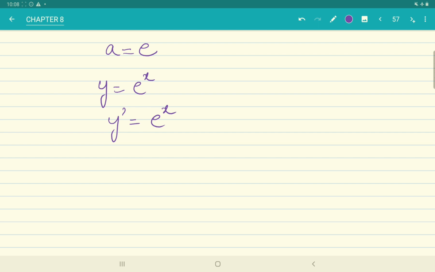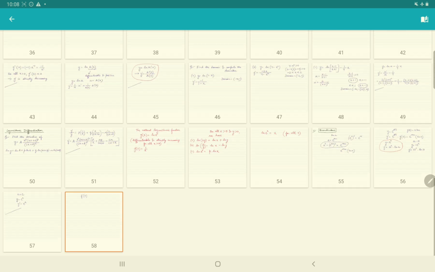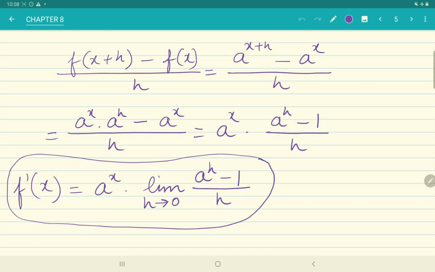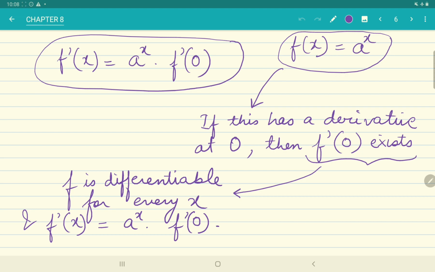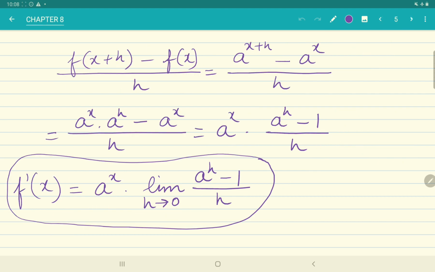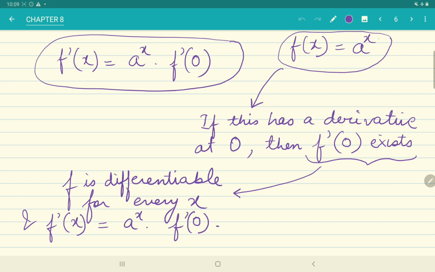Now in this case, if I recall what we have done earlier, f prime 0, if I can just get back to this case, from here I know that f of x is equal to a raised to the power x. F prime x is equal to a raised to the power x multiplied by f prime 0.